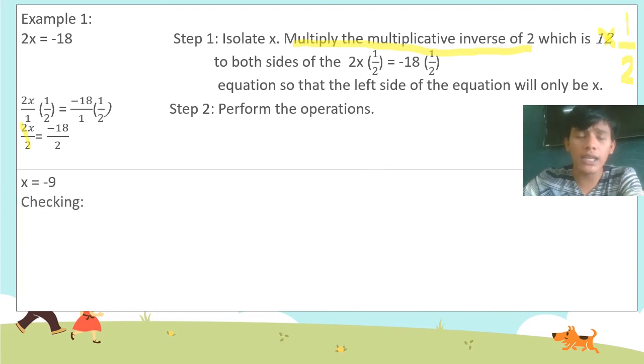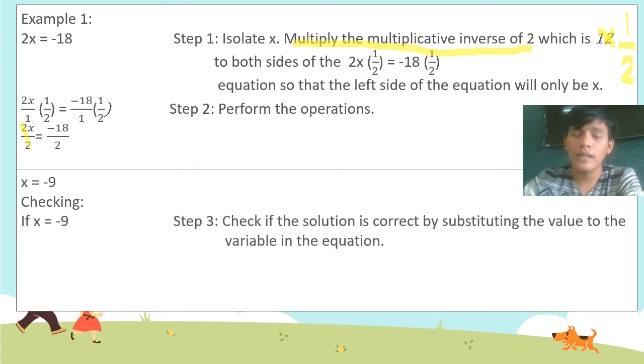Let's do the checking, to see if the result of x is really negative 9. If x is equal to negative 9, then substitute the value of x into the given problem, 2x is equal to negative 18. 2 times negative 9 is negative 18, which is equal to negative 18.